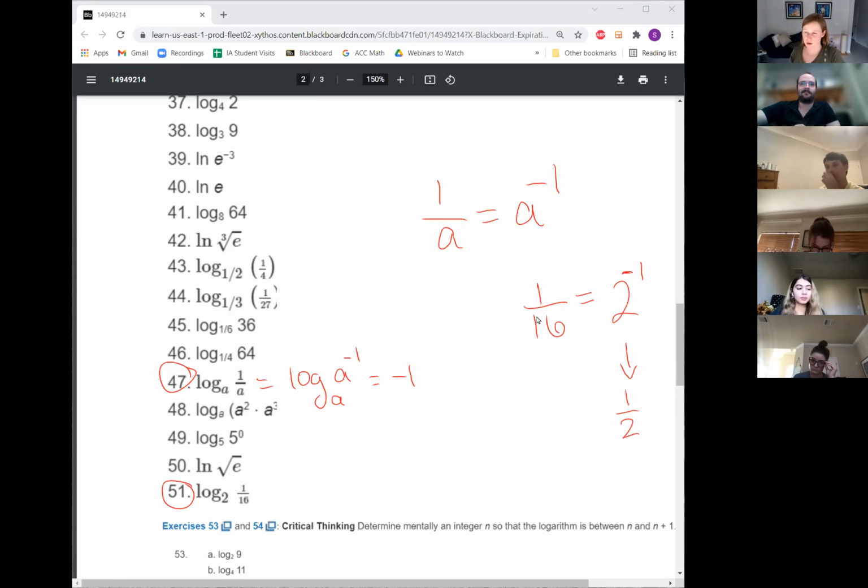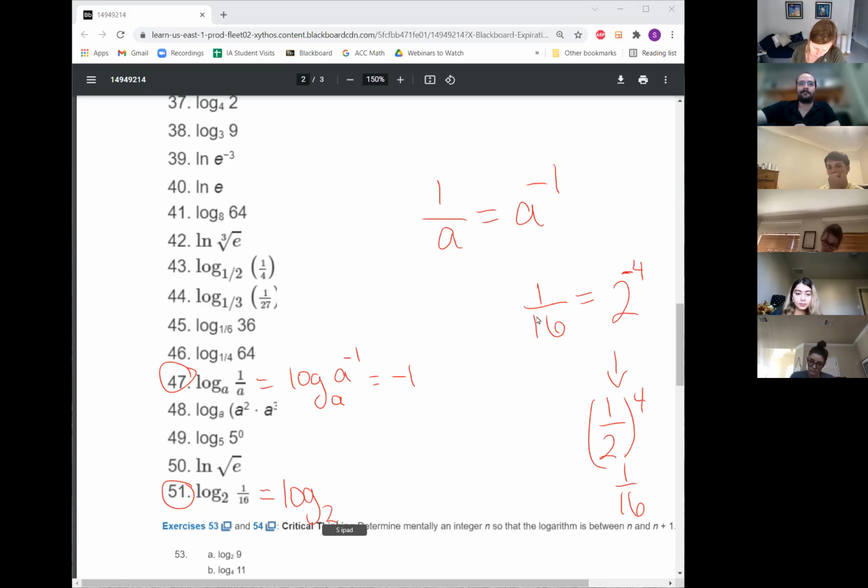Maybe squared or cubed or something. 2 to the what is 16? To the 4th? To the 4th, right? So if we make that 2 to the -4, then that means we could make it 1/2 to the 4th, which is 1/16, right? Do you see how those are equivalent? Yeah. All right, so I'm going to rewrite my problem as 2 to the -4, like that.